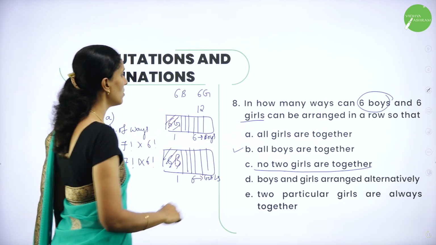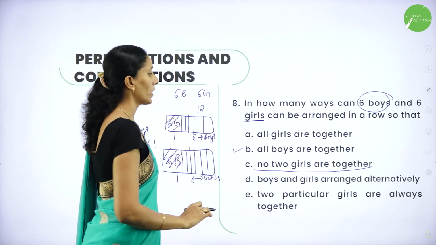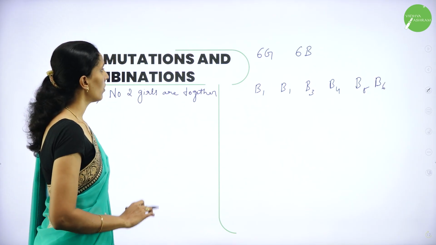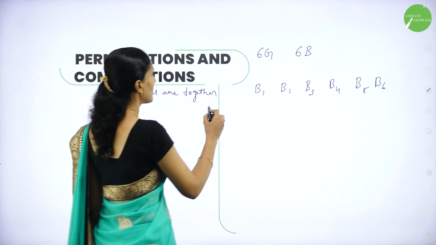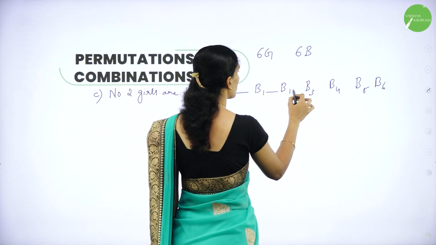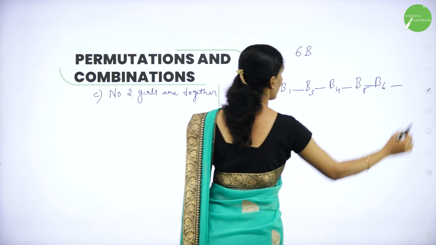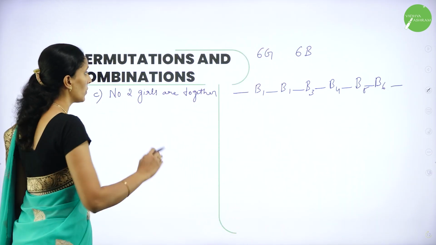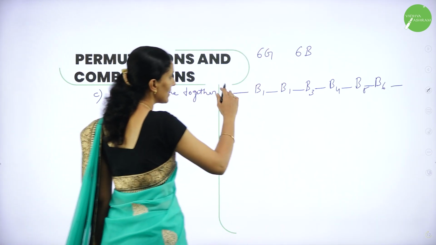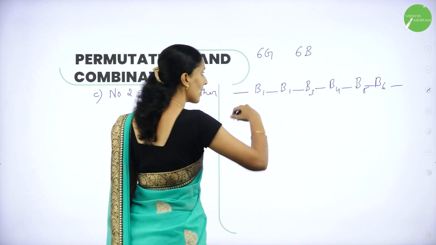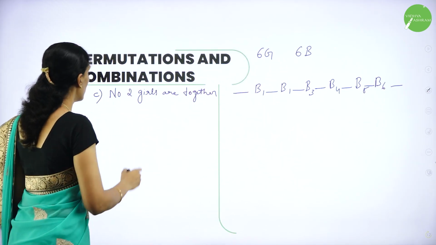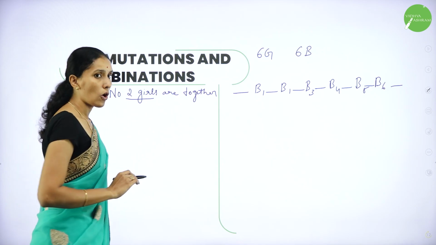So look at the question. No 2 girls are together. So see here, how many places are left for girls here? 1, 2, 3, 4, 5, 6, 7. 7 places we have. So all the 6 girls can be seated from the first or from the last or in between boys, because 2 girls cannot be together.